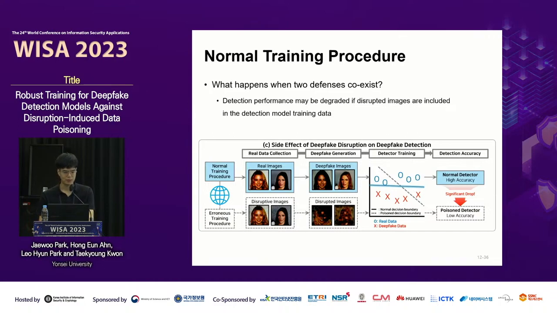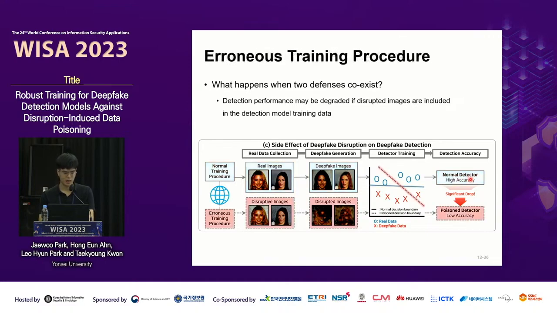As you can see in the blue-colored procedure in the image here, which is a normal training procedure, deepfake images are generated with the real images. The deepfake detection model trained with these images will show a good decision boundary and high accuracy.